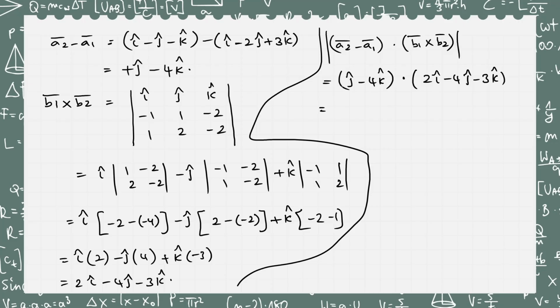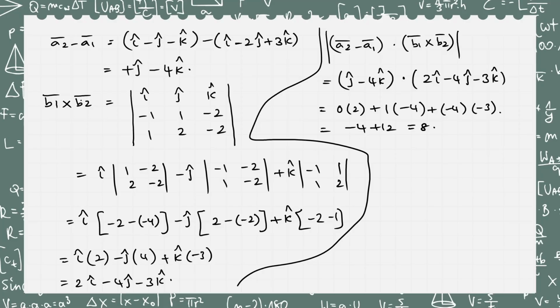Since i is not there in the first vector, it is 0i. So 0 into 2, plus j's coefficient is 1 here and minus 4 there, and k's coefficient is minus 4 here and minus 3 there. So the final answer will be minus 4 plus 12, which is 8. So it is positive only, plus 8 only.